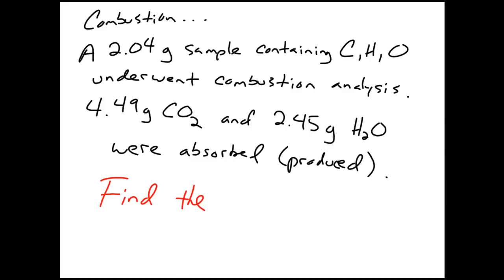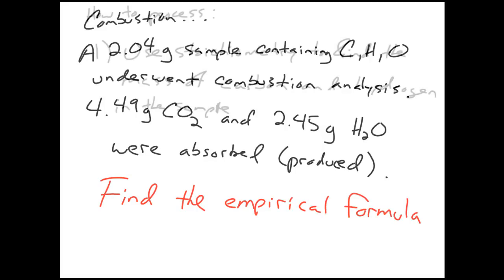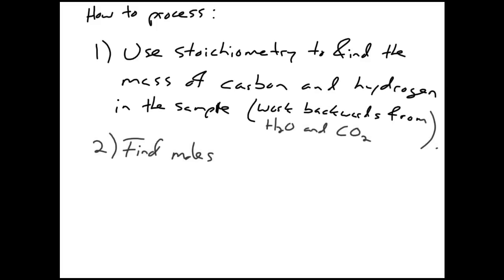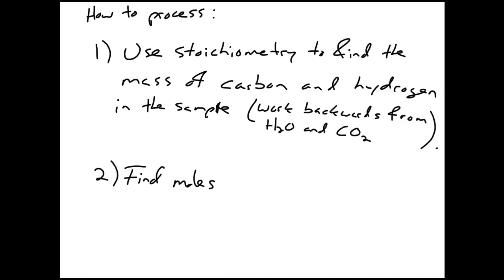How do we get the empirical formula? Stoichiometry is our tool here. We're going to use stoichiometry to process this information. Working backwards from carbon dioxide and water, we're going to find out how much carbon and hydrogen in mass was found in that original substance. Then we can find the moles. Oh, actually, hold on.